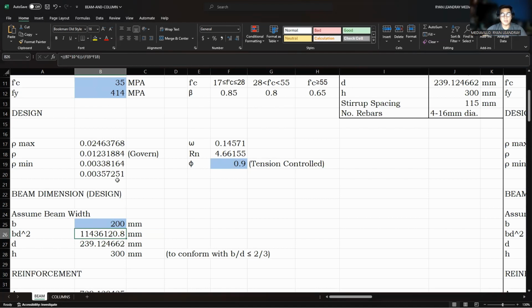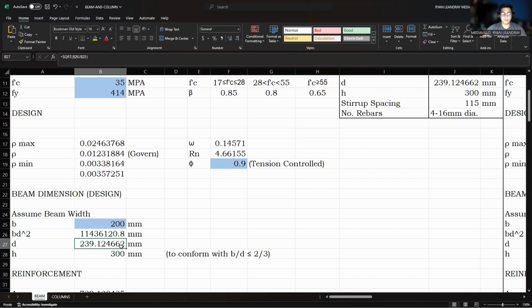And from that formula, I isolated bd squared, so I can use the given Mu and also the given rho. And with the given beam width, using that formula, I got a depth of the beam, which is 239.